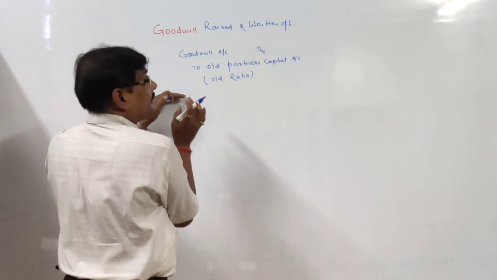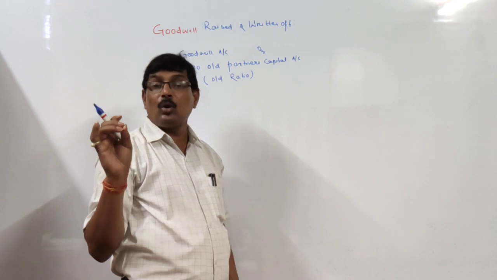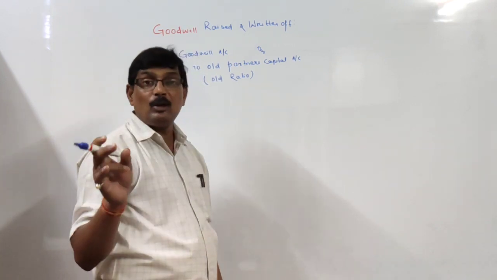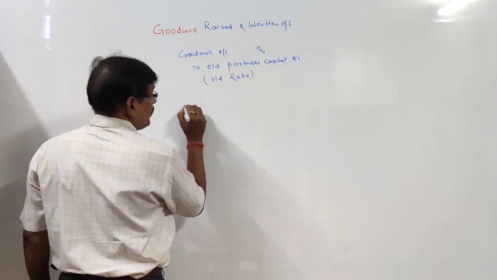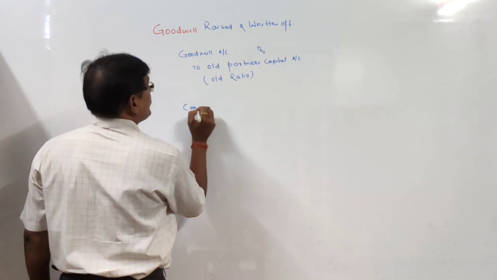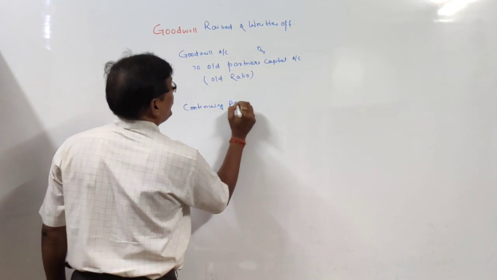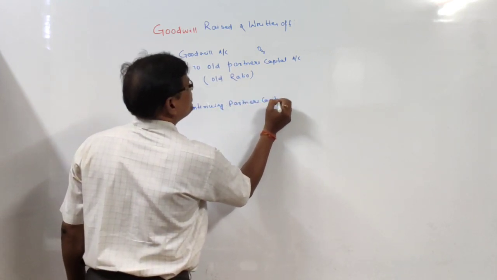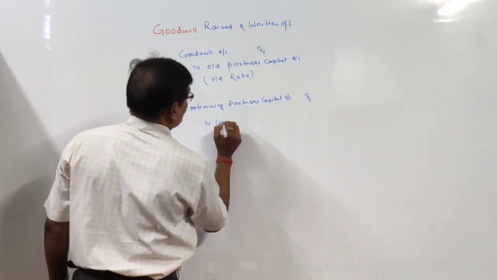And when you have raised it, immediately write it off, and for that you need not go for any specific instructions. If it is raised, immediately you have to write off. At that time the entry will be continuing partners capital account debited to goodwill account.